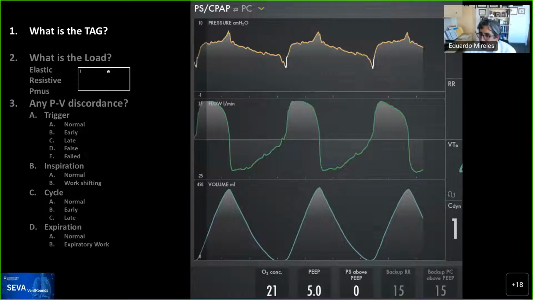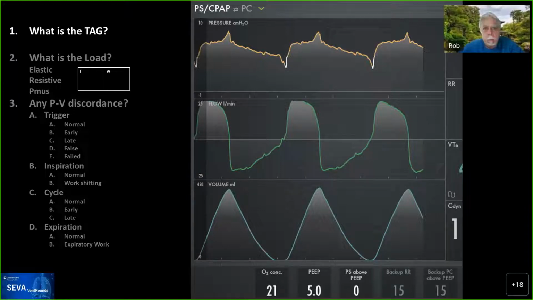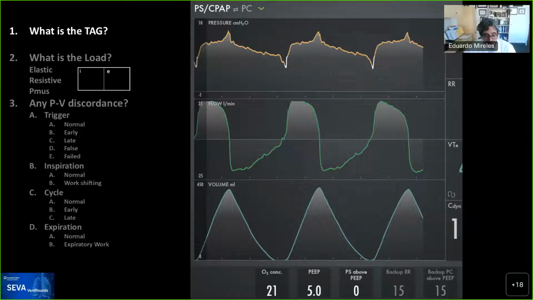Very good. So this is, I see the majority of all of you recognize this as pressure control. So we're controlling the pressure, even though you don't see it. Remember that ventilators are mediocre controllers of pressure in general. They're very good at controlling flow.